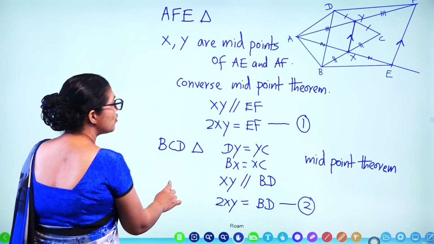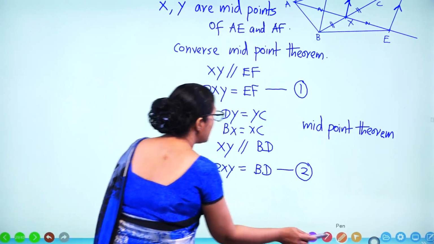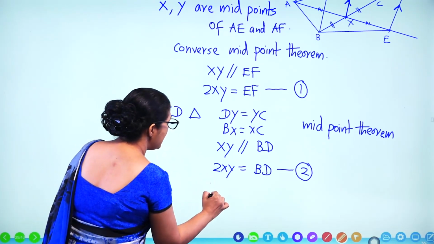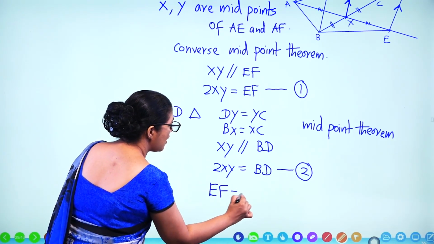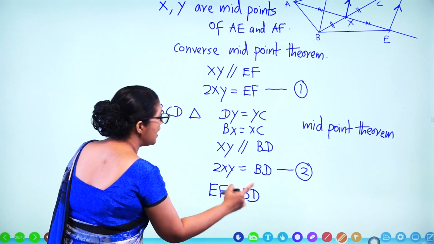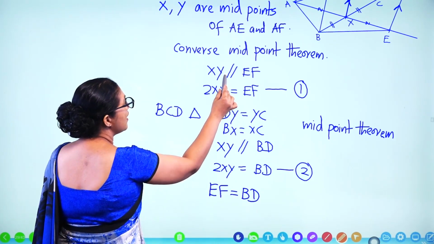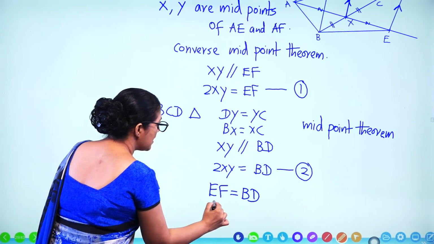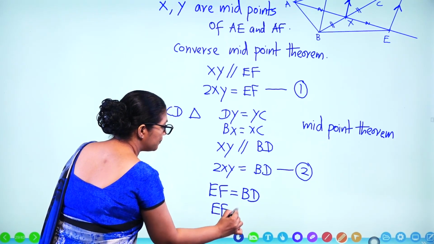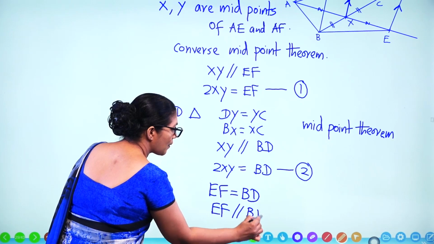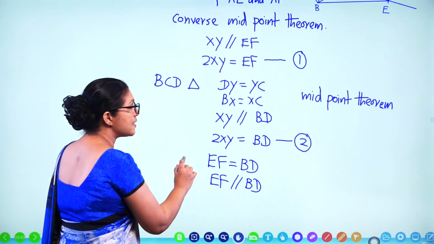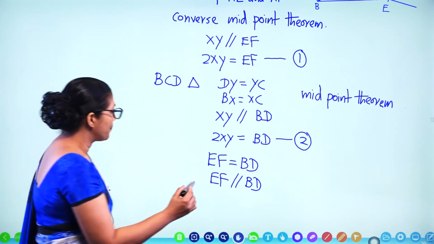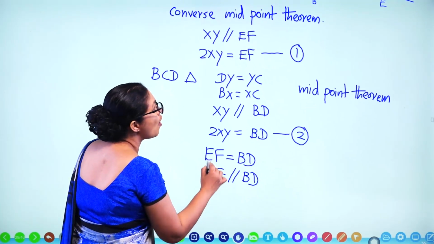Then, according to the first and second equation, same thing on the left hand side. So you can say EF is equal to BD, and by looking at this one, you can say BD is parallel to EF as well. Pair of opposite sides parallel and equal. So that's a parallelogram. So these are opposite sides.